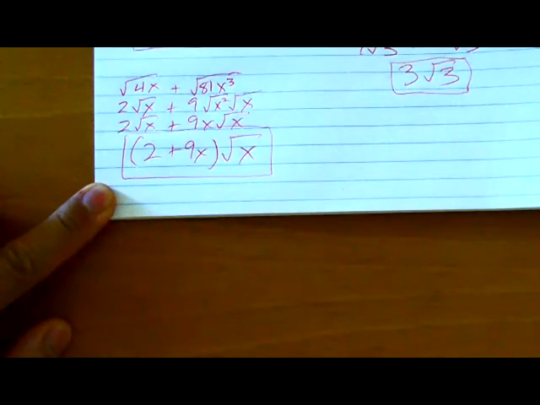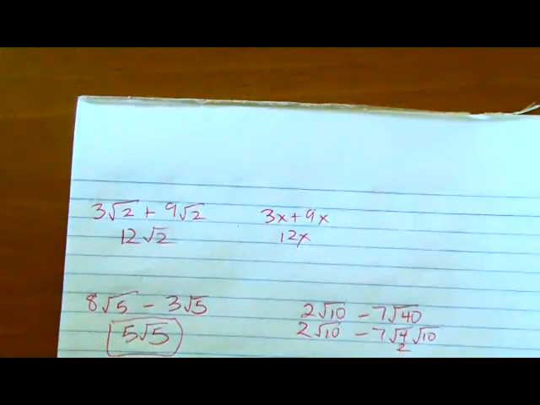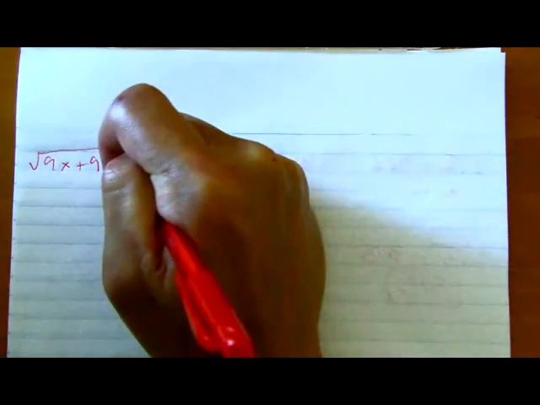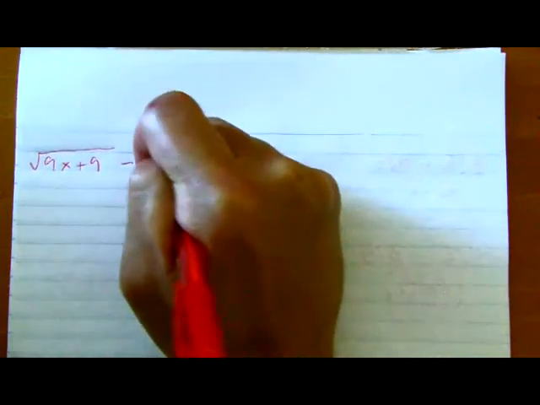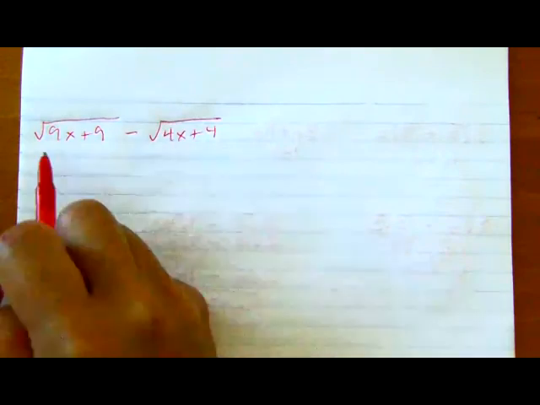Let's try a few more. Radical 9x plus 9 minus radical 4x plus 4. So they're not like terms, the radicals don't match. However, I can factor each radical separately.